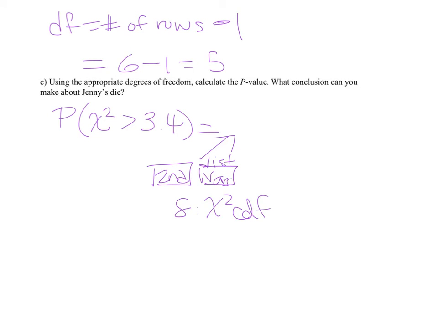When you go to that part of the menu, your lower value is going to be the chi-squared that you got. It will always be the lower value. Your upper value is going to be any large number, I'll just say 99999. Your degrees of freedom is 5. Once you work that out, you do end up getting 0.639.